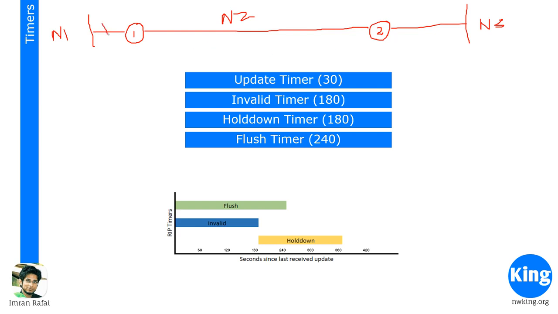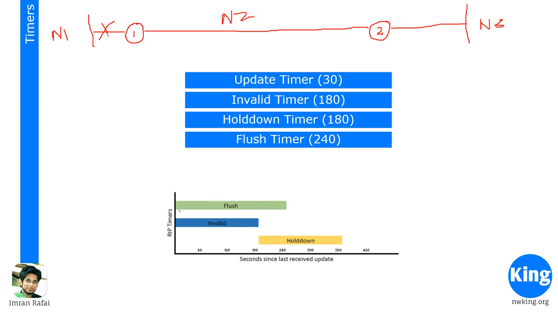Now let's say for some reason this link breaks. So router 1 does not know anything about network 1. The next time router 1 tells router 2, it only updates about network 2, right? So router 2 says, okay, this network 1, now I'm going to put it in the invalid timer because I did not get any updates about it.